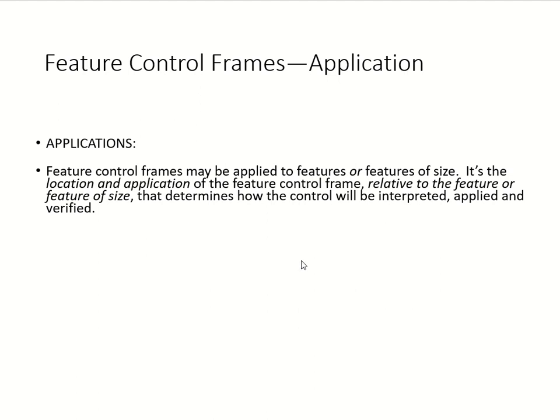Yes. So since you're applying that to a feature, it is very much location specific. So it's the location and also the application of that feature control frame relative to your feature. A feature has a size, so feature of size, and both of them are going to determine how the control is going to be interpreted, applied, or verified.